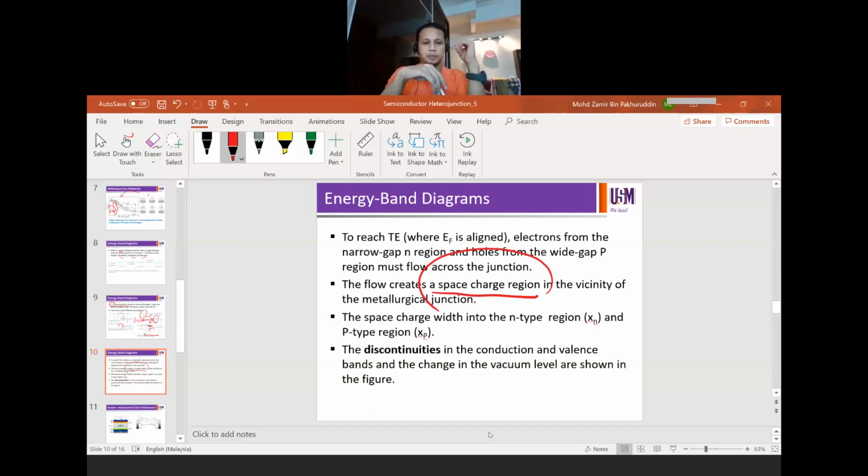So the space charge width into the N type and P type is XN and XP. You can also label the summation of both as W, the total depletion width. Discontinuities in the conduction and valence band and the change in the vacuum level are shown in the figure. So the figure from earlier.